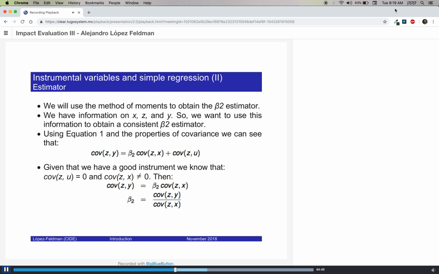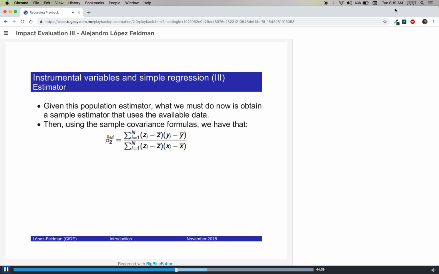So in this regression, I use not only y, but the covariance between z and y. So this is a constant, and that's why this is going to disappear. So covariance between z and y, and covariance between z and u, sorry. So we already know what y is, and I need to analyze the covariance between z and y. So I have this expression.